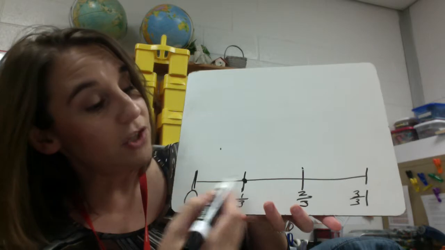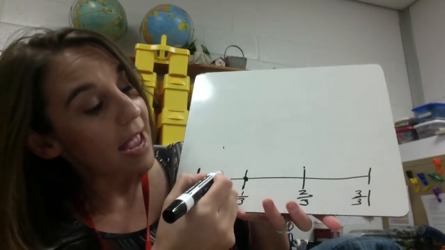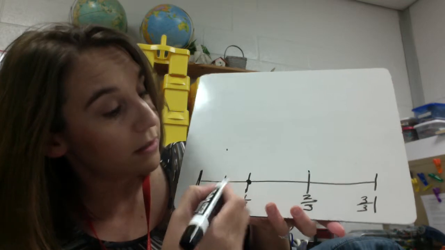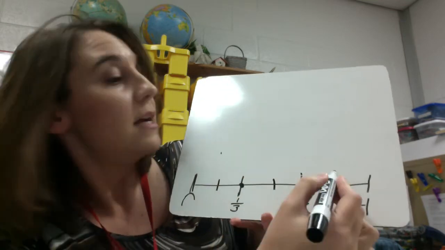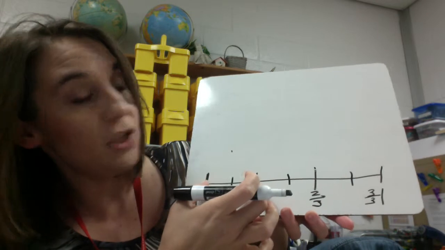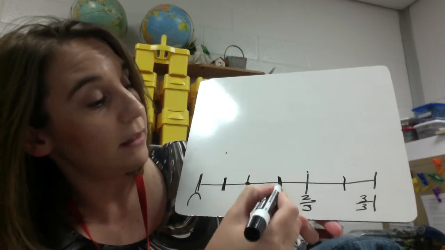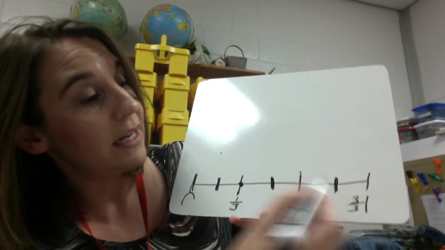So if I take each unit fraction and I subdivide that unit fraction again, so I took each unit fraction and I subdivided each one into half again.